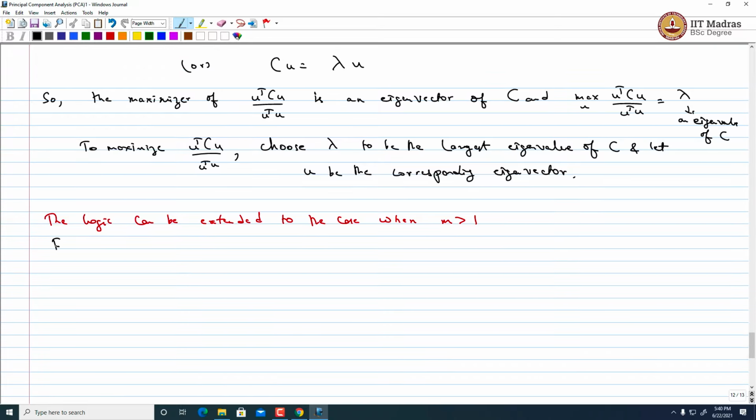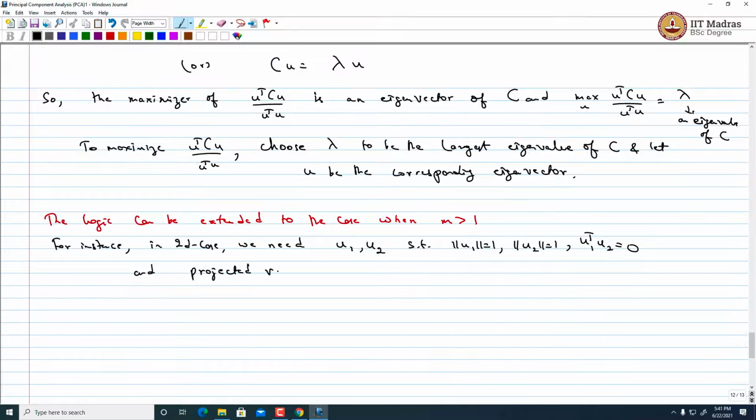So for instance, in the 2D case, we need u1, u2 such that both are unit vectors, orthogonal, and projected variance is maximized.